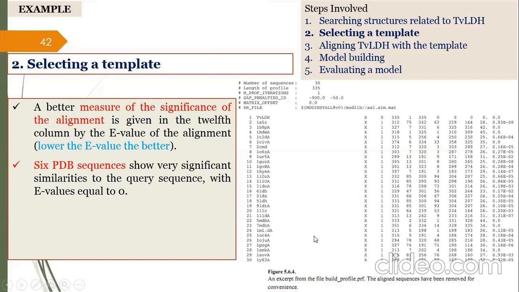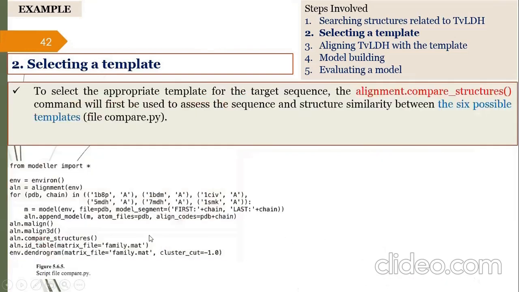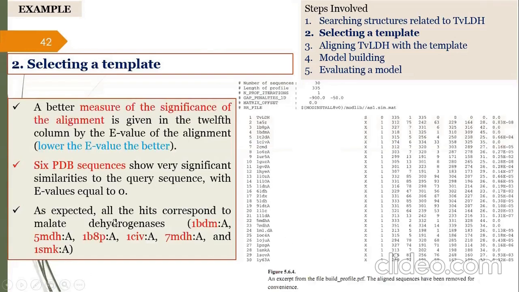Anyways, as expected, all the hits correspond to malate dehydrogenase. This was the query sequence, and they correspond to 1BDMA. Actually, this TVLDH is the query sequence, so we will not consider it. The first one is the query, and the rest are the templates.